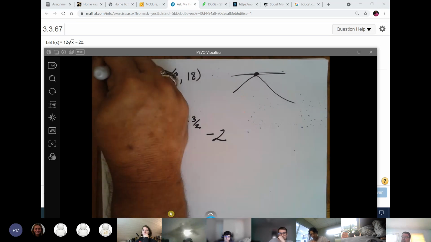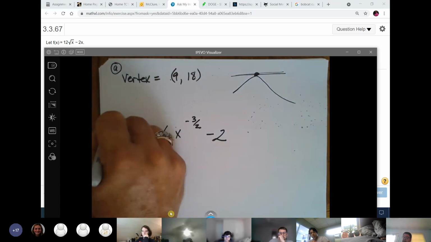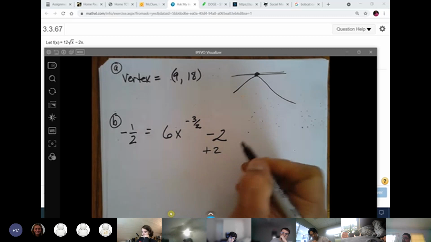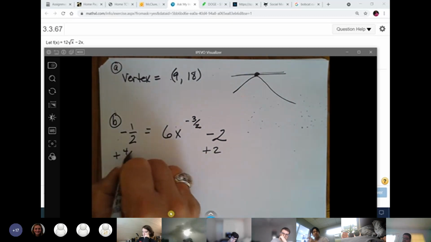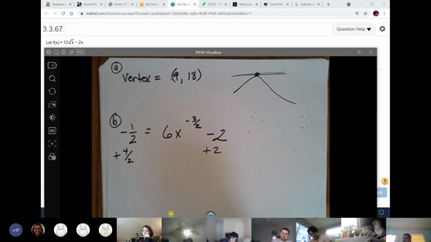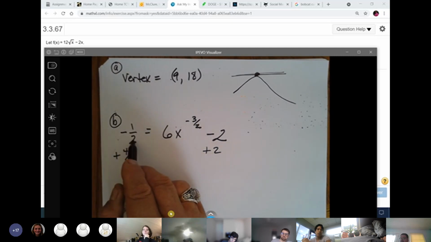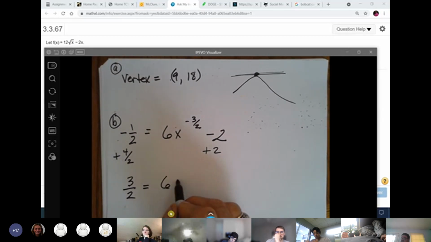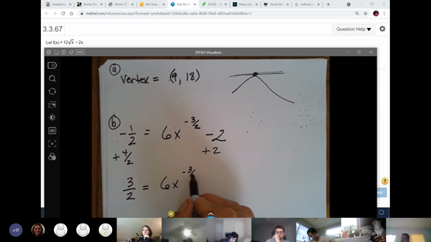This is A, and this is B. Solve that. Go ahead and add 2 on both sides. So -1/2 plus 4/2 is what? 3/2 is equal to 6x to the -3/2.